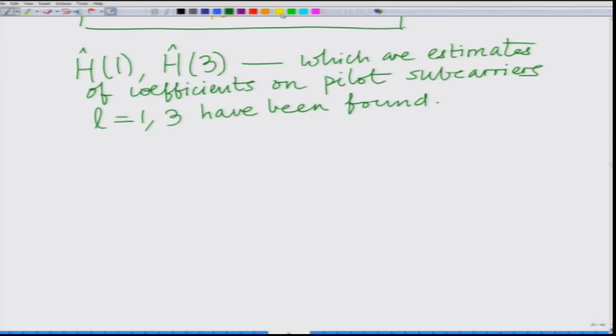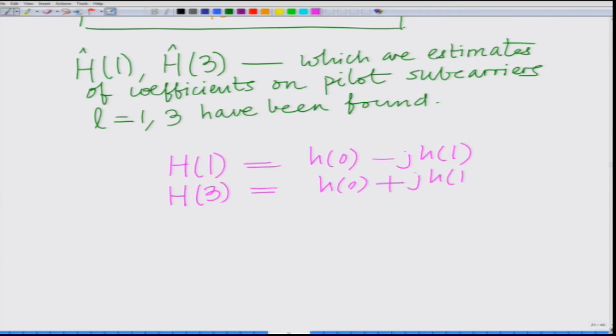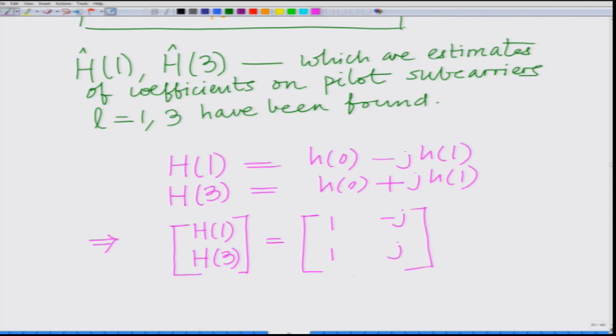So, remember, we have H1 equals H0 minus j H1, and H3 equals H0 plus j H1, which implies, writing this using matrix notation, I have the vector H1, H3 equals the matrix 1 minus j, 1 plus j times the vector H0, H1.